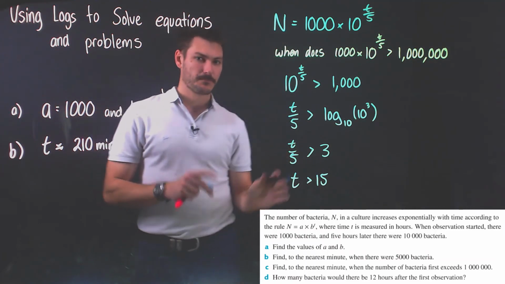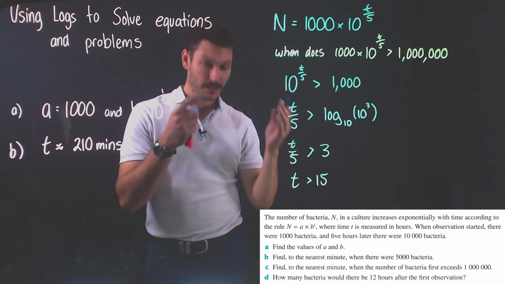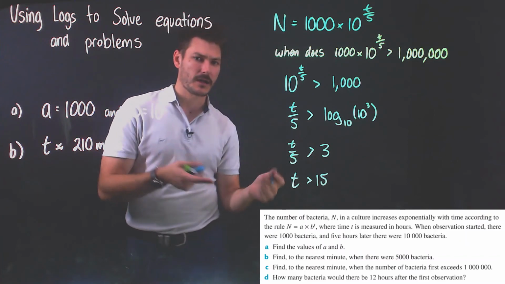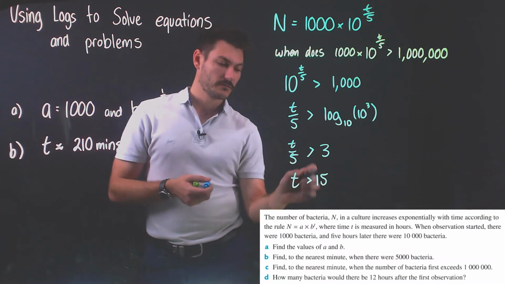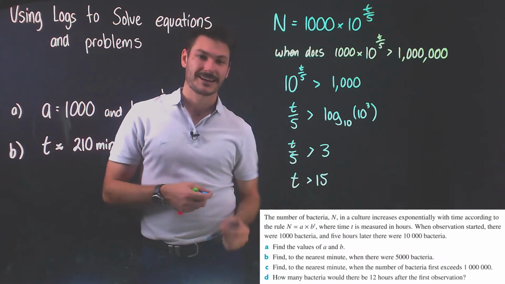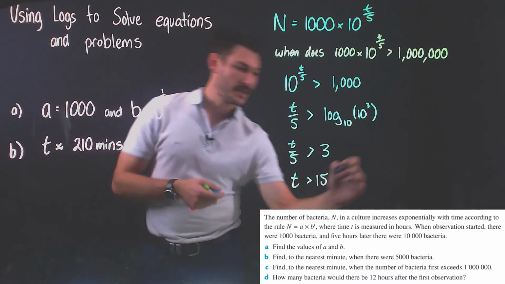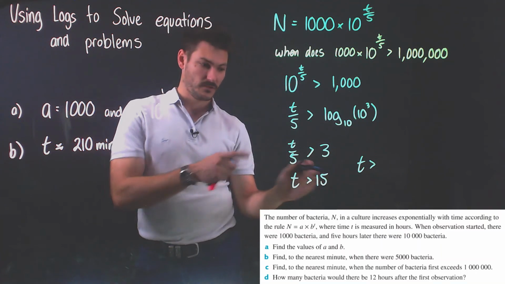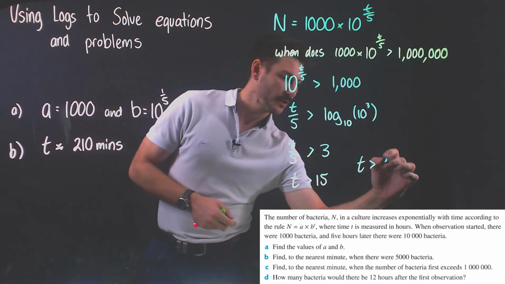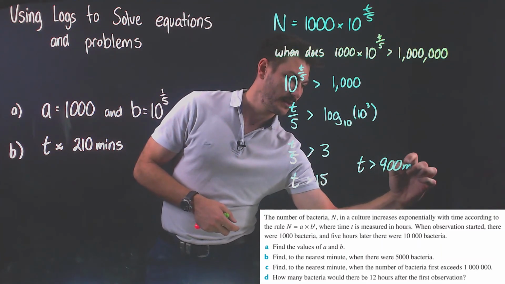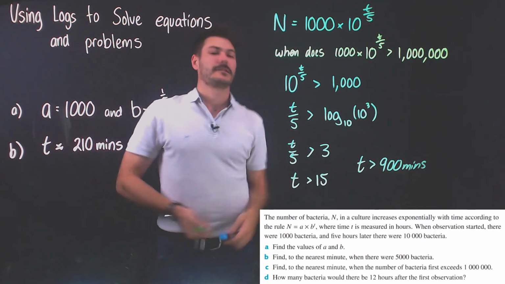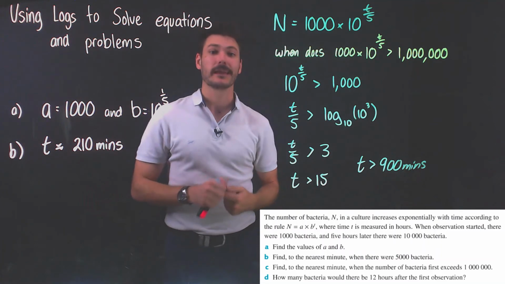But keep in mind, my 15 here is in hours. So I need to multiply by 60 to get my time in minutes. So 10 times 60 is 600, and half of that's going to be 300. Add them together, and t needs to be greater than, not equal to, 900 minutes. After 900 minutes have passed, the bacteria will be at least 1 million in size.